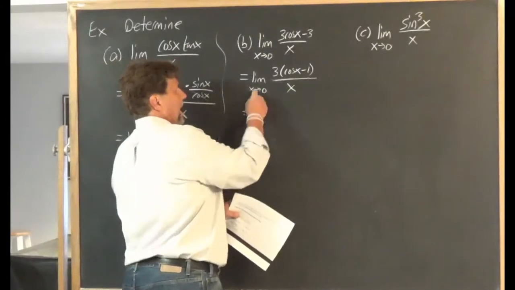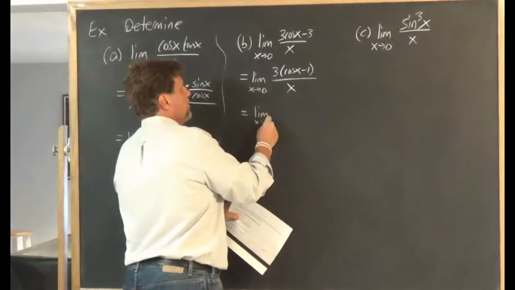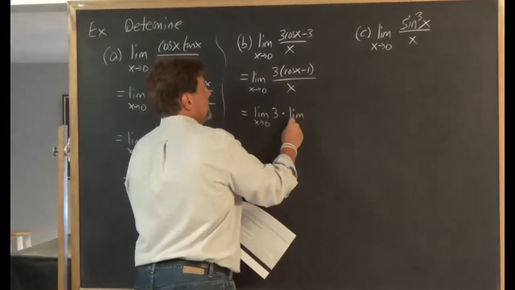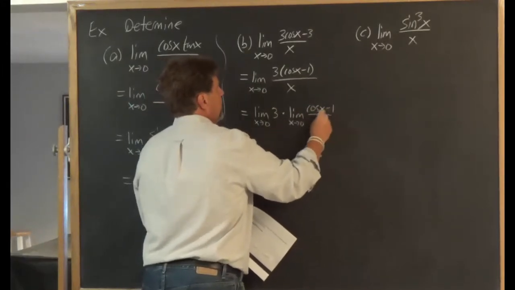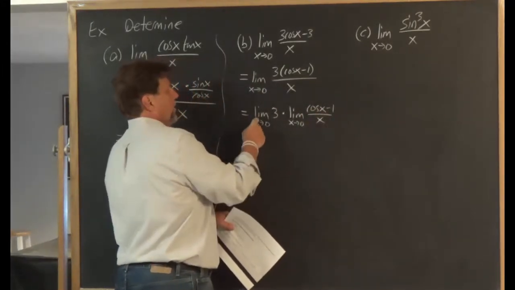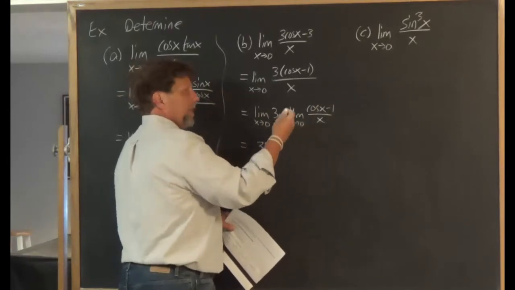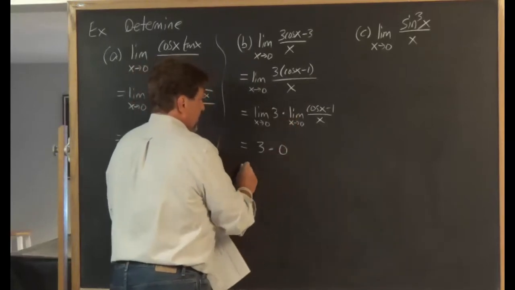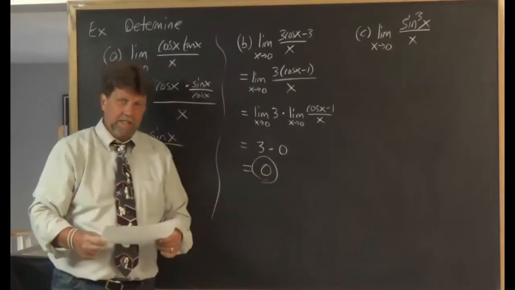So I could think of this as being the limit as x approaches 0 of 3 times the limit as x approaches 0 of cosine x minus 1 over x. We know the limit of a constant is that constant. This limit, well, that's a special trig limit. We know that limit is 0. So the limit for part B is 0.